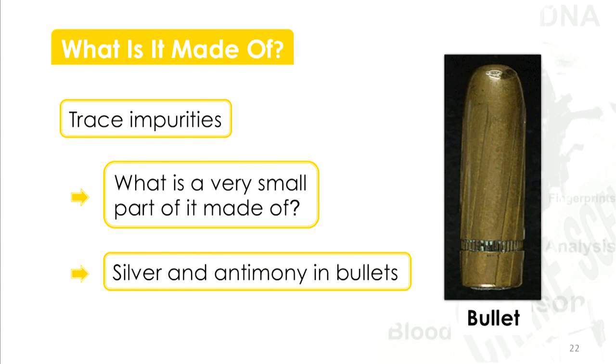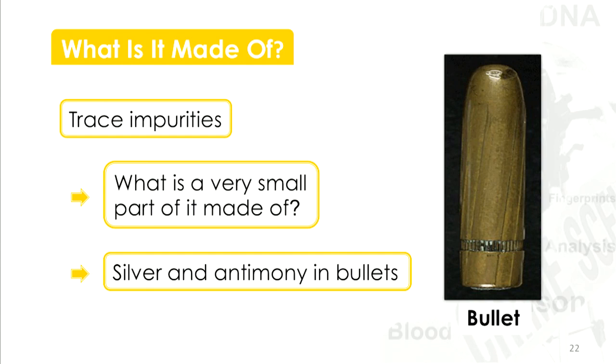These trace impurities can be very important because while almost all bullets are made of lead, that is common, the trace impurities will differ from one batch of bullets to another batch of bullets. So studying the trace impurities can help us identify where that bullet came from.